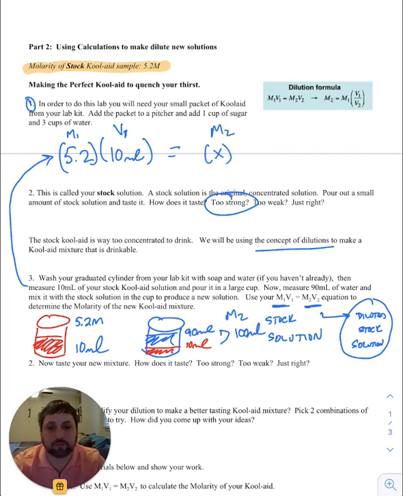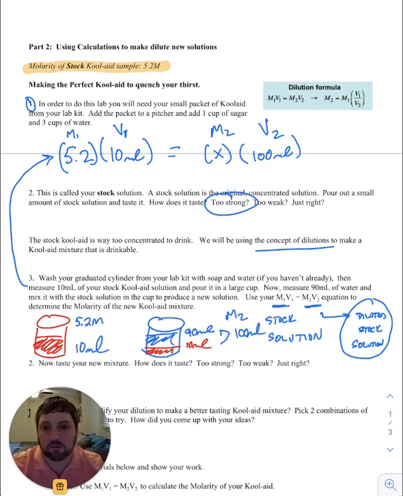Well, right now, I don't know what that concentration is. I don't know what that molarity is. That's what I'm asked to solve for. But what I do know is that the 10 milliliters of stock solution and the 90 milliliters of water gives me a total of 100 milliliters. So be careful there not to put 90. 90 is not the new volume. It's what we've added to the stock solution.